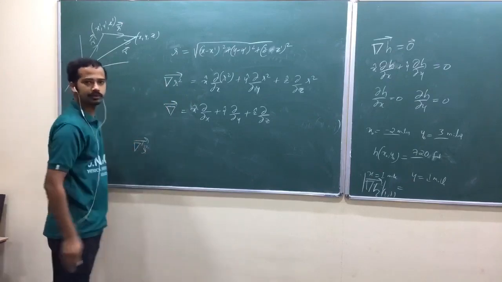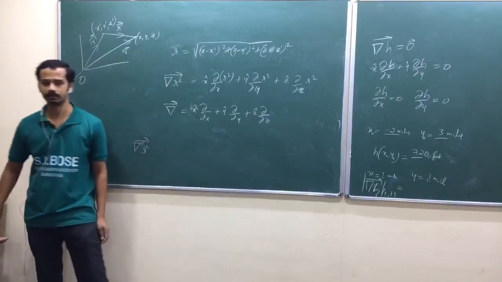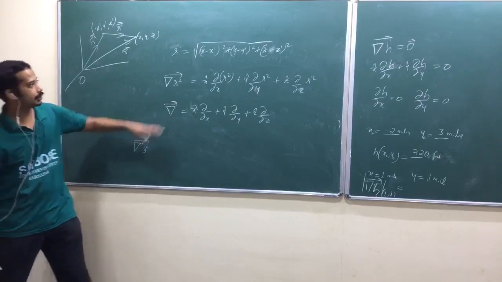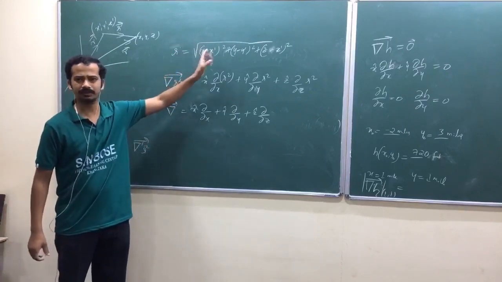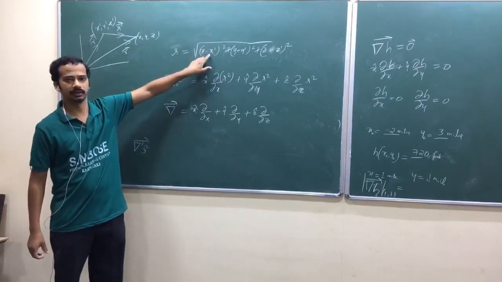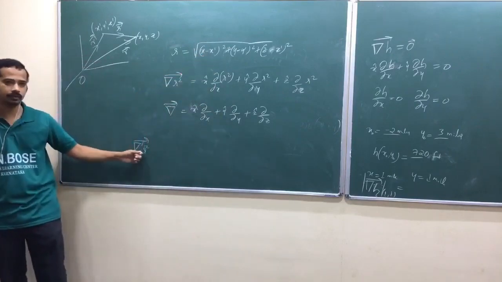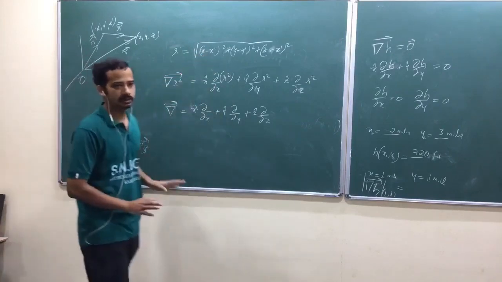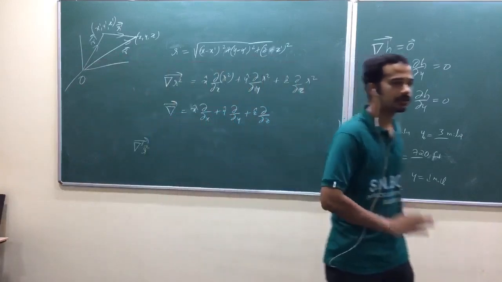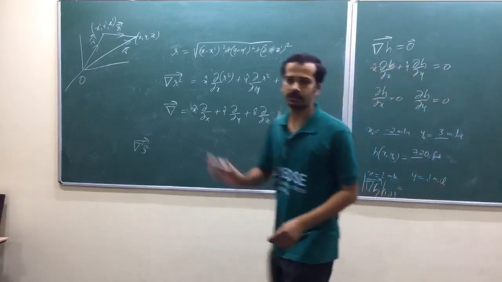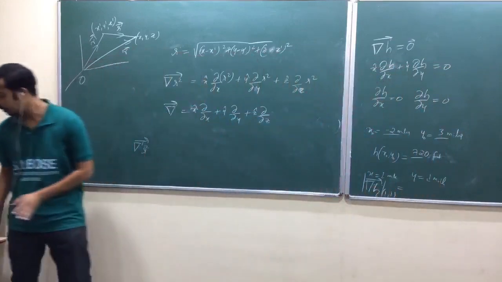So do all of those with del prime. That will come in a later chapter. Del prime of r square means derivative with respect to x prime. You may get one more negative sign while taking the derivative. Do that one also. So del means derivative with respect to the unprimed coordinate. Del prime means derivative with respect to the primed coordinate. Just remember it like that. Those are very different.